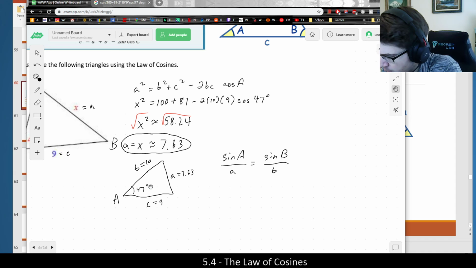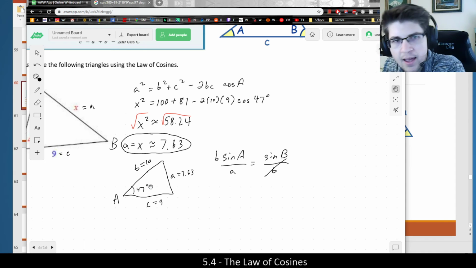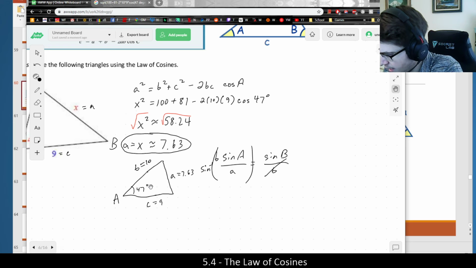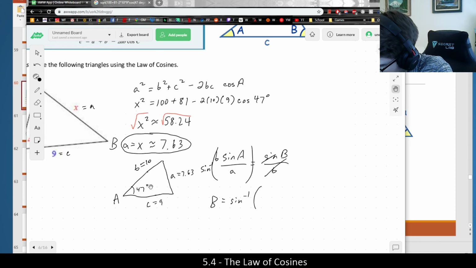But basically I could multiply across by B like that, and take the arcsine to solve for angle B. And so basically angle B would be equal to the arcsine of B, which is 10 times the sine of angle A, 47, divided by sine A, which is 7.63.